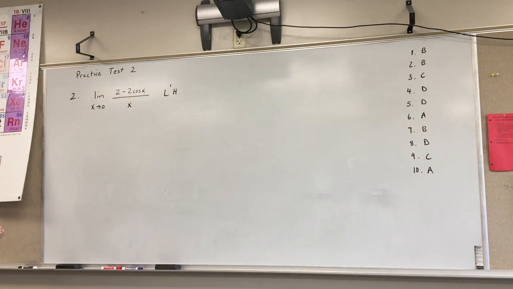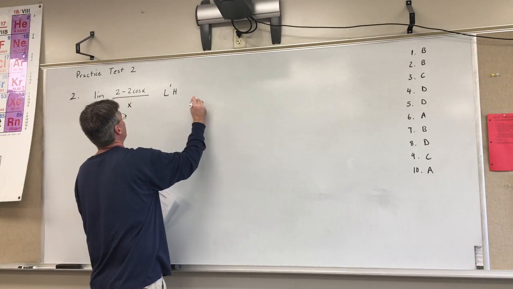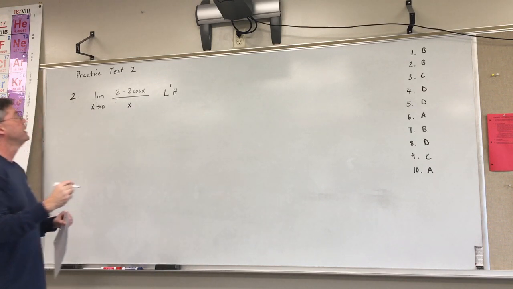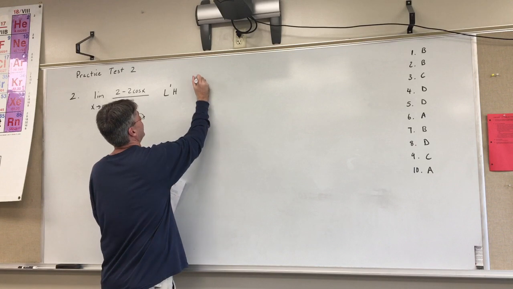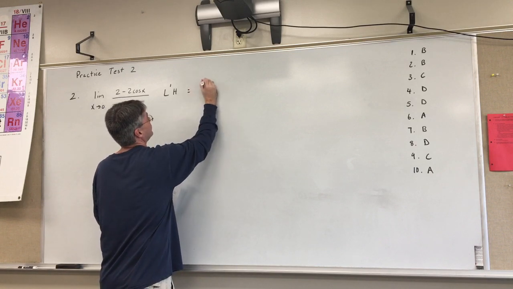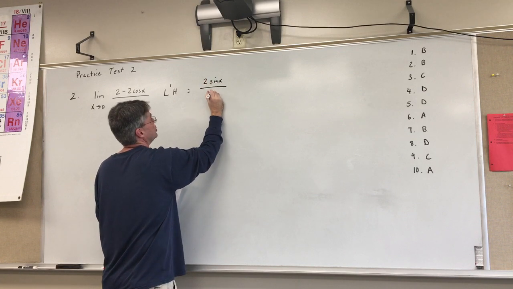But what you do is you take the derivative of the top and the derivative of the bottom and then see if you can plug 0 in and get an answer. So if we do that, the derivative of 2 minus 2 cosine x, the derivative of cosine, is minus sine. So that would be positive 2 sine x. And the derivative of x is just going to be 1.